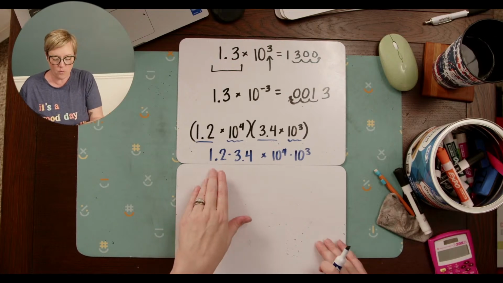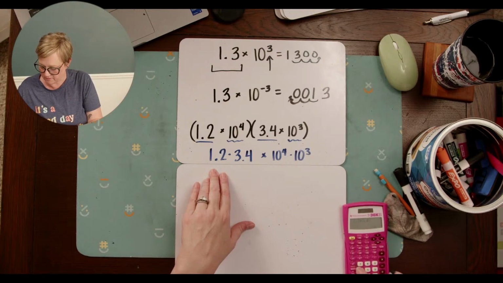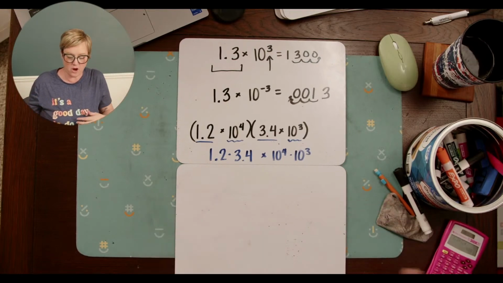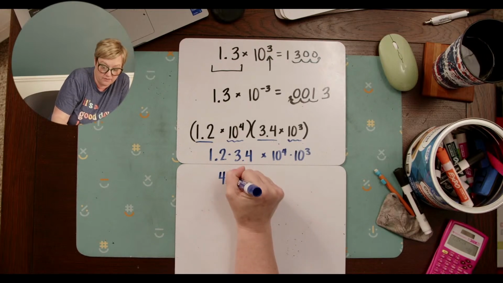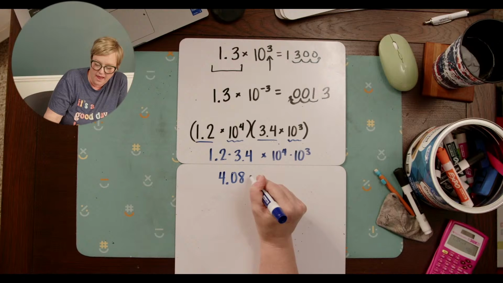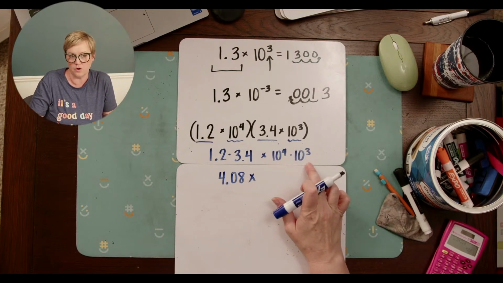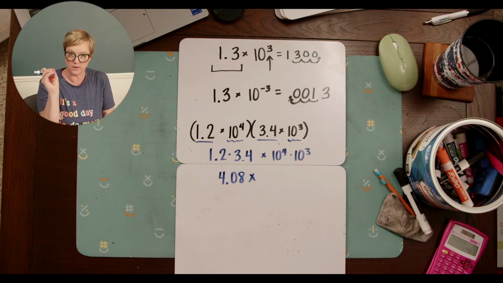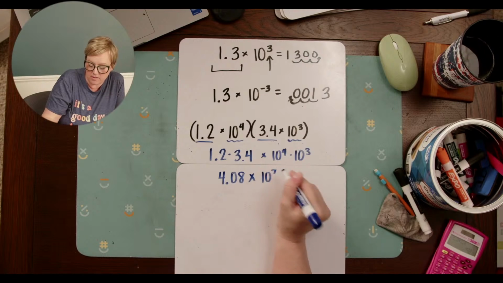So 1.2 times 3.4 is 4.08. It depends on whether you're doing sig figs, if you need to pay attention to that. And then it's times 10 to the fourth times 10 to the third. I'm going to add those exponents together, so that becomes 10 to the seventh.